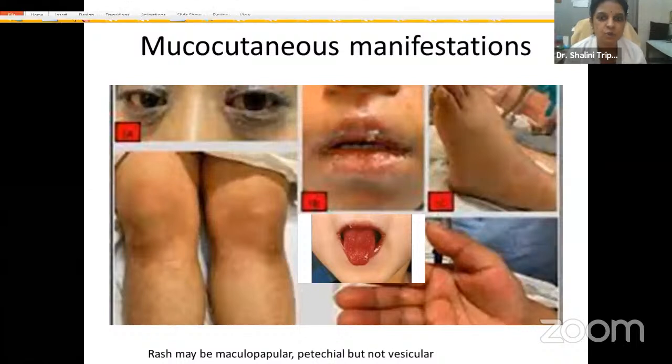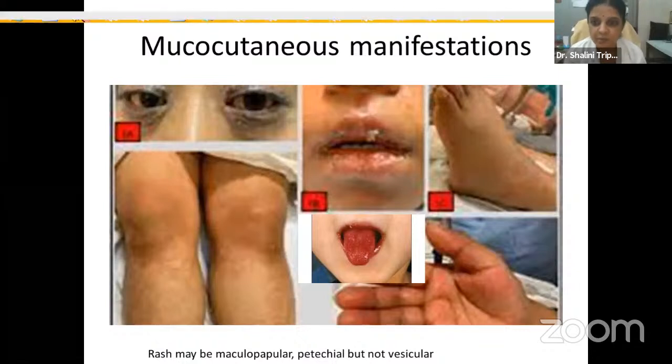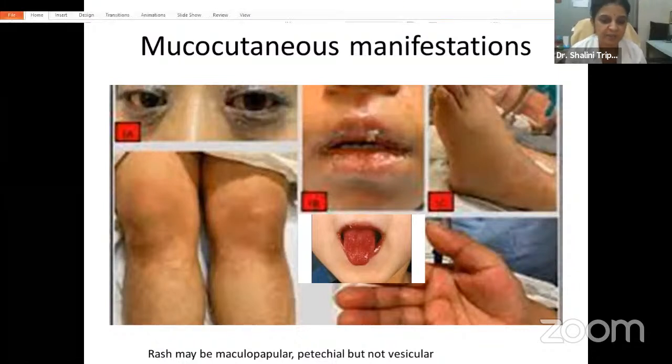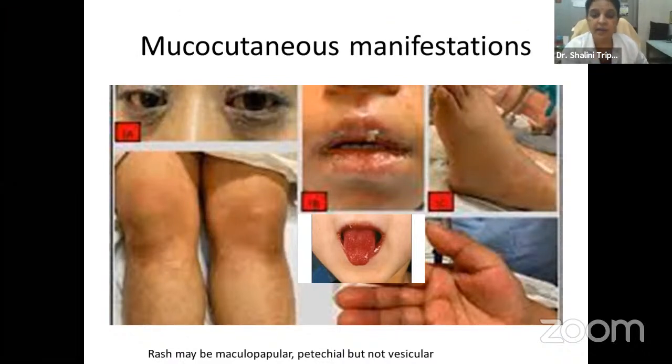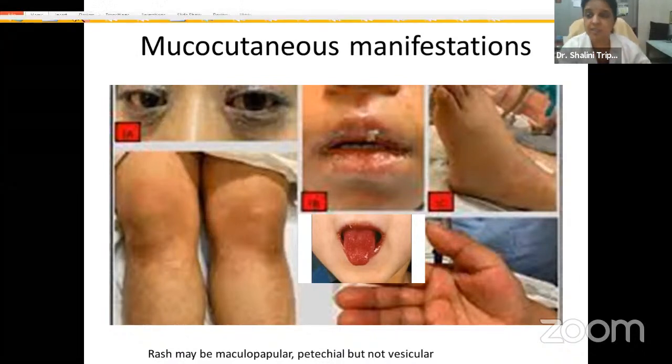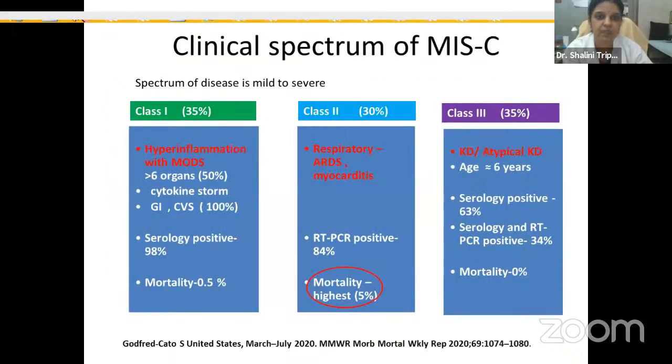These are the mucocutaneous manifestations like conjunctivitis, swollen extremity, angular stomatitis, red tongue, strawberry tongue, palmar erythema, and extremity swelling. The rash is usually maculopapular and petechial, and it will never be vesicular. In this season of dengue fever, it will be similar to dengue fever and scrub typhus.